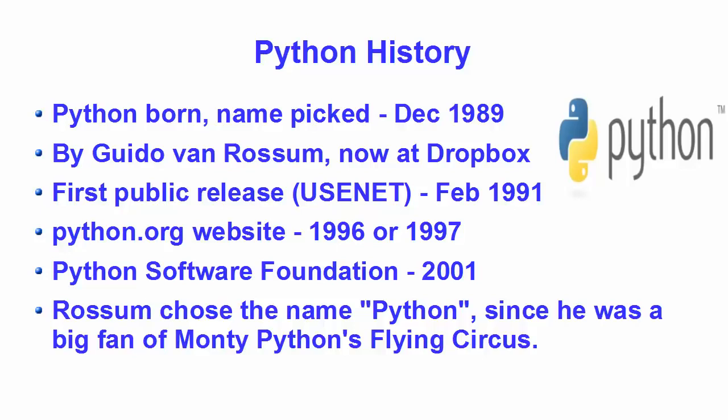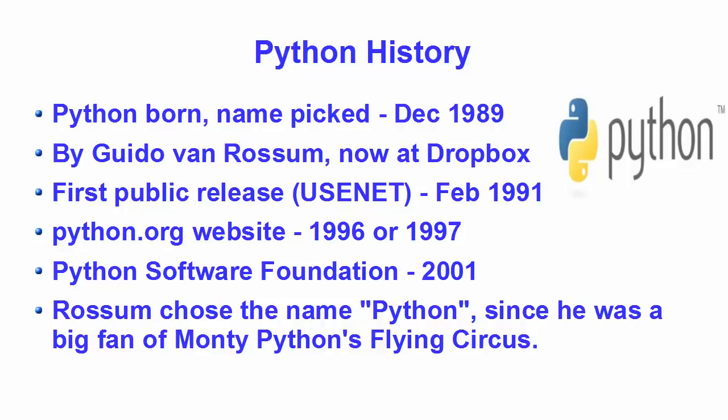And where does the Python name come from? Van Rossum chose the name Python since he was a big fan of Monty Python's Flying Circus. Python was first publicly released in February 1991, and python.org, the official website of Python, was released between 1996 and 1997. In the year 2001, the Python Software Foundation was created and Van Rossum remained the principal author of Python.